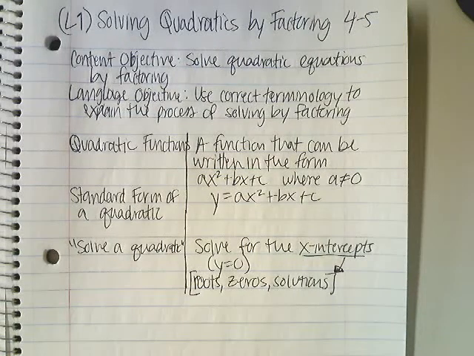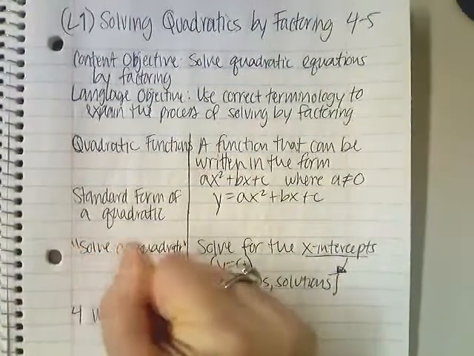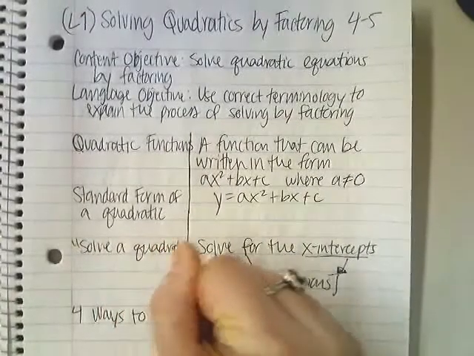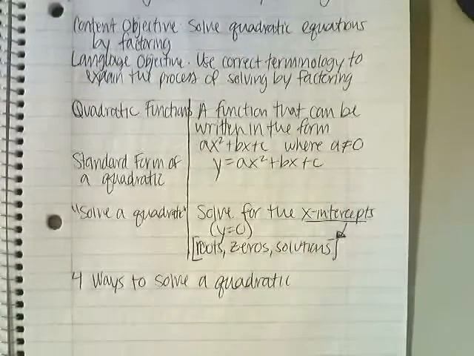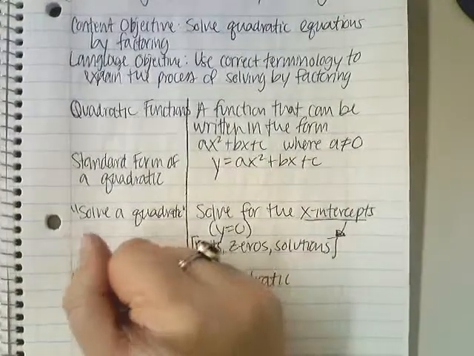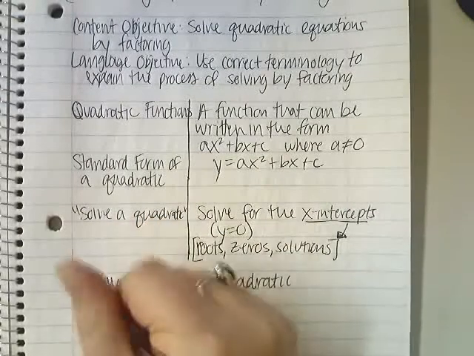And there's 4 ways that we're going to learn to do that this unit. First, as we're going to learn today, factoring, which we've already learned how to factor, but we're going to tie this into how to actually solve them.